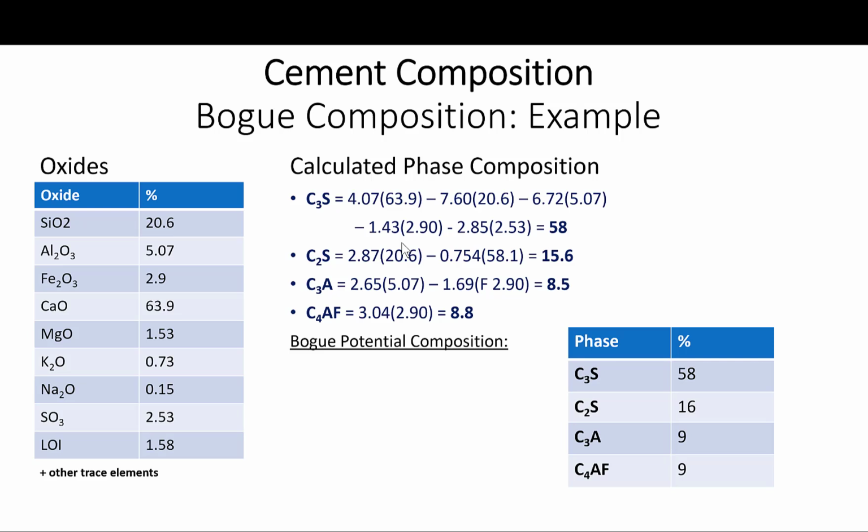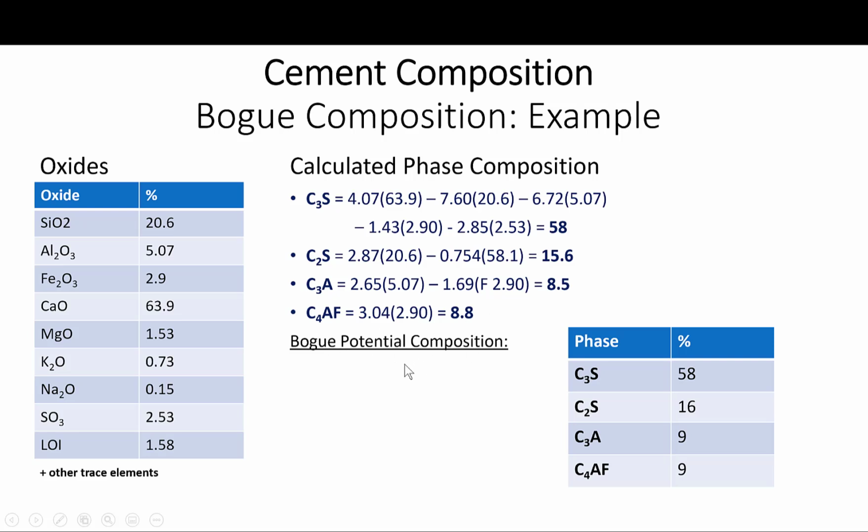So, okay, based on the Bogue equation, or this is the Bogue composition, from these oxide analysis percentages, we are able to calculate the C₃S. As mentioned here, C₂S, we get 58%, 15.6, 8.5, and 8.8 for C₃A.